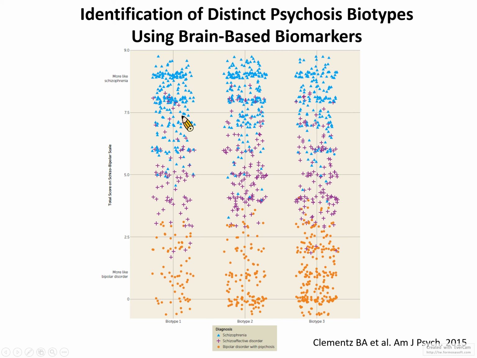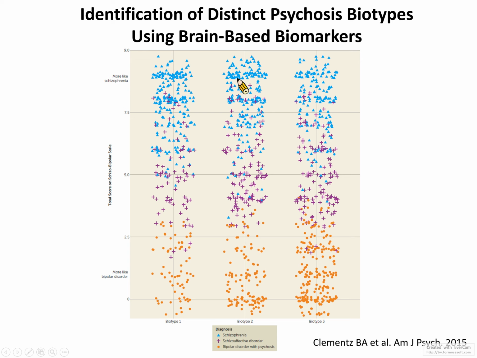So it just means that these clusters have more cognitive decline because they have more schizophrenia patients. And biotype 3 has better cognitive function because more of its patients have bipolar disorder. So sometimes we need to think about the results.